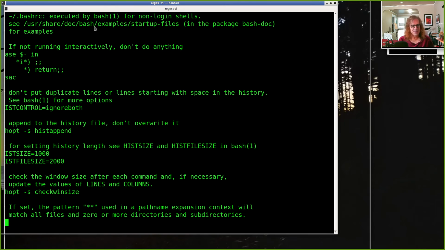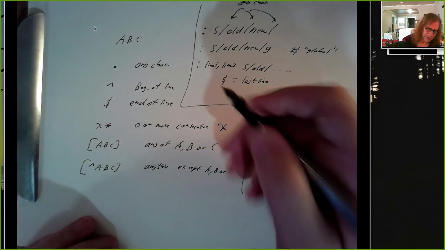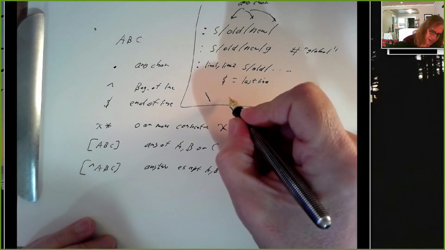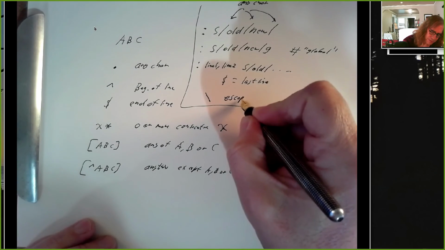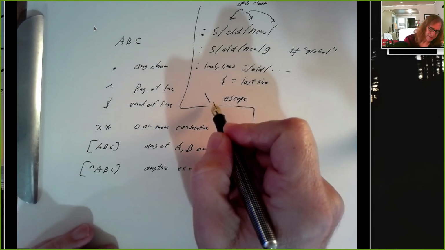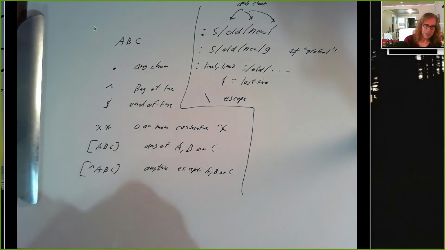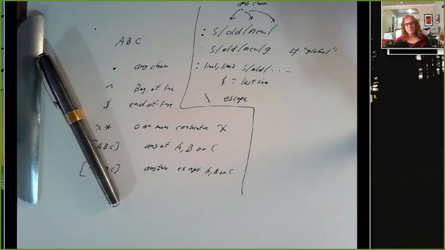But we also have another way to do this, which is to use an escape. So backslash is usually an escape. And it means take whatever comes after the backslash literally. Don't interpret it, but just take it literally.